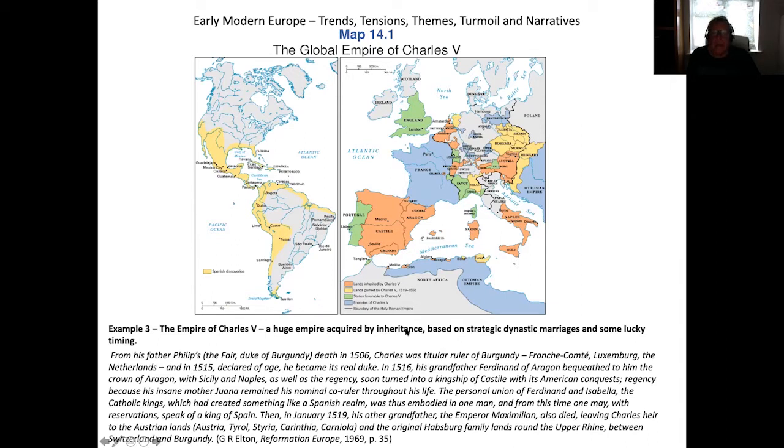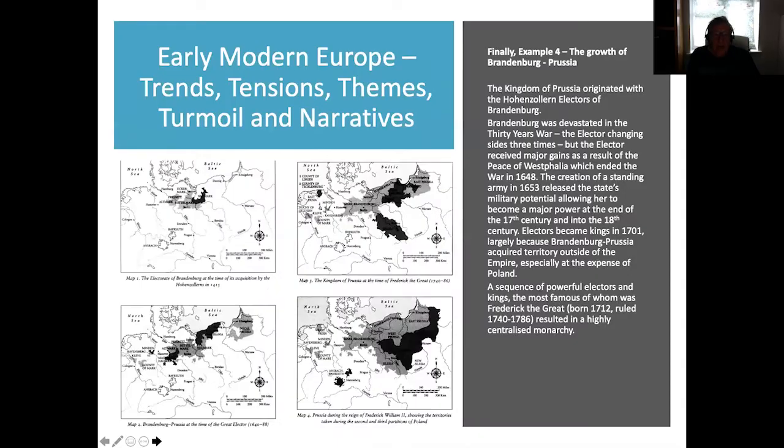So that's the global empire of Charles V. And then, I'm sorry, these maps aren't wonderfully clear. Then Prussia. This is long after Charles V. But basically, throughout the 17th and into the 18th century, what had originally been the Duchy of Brandenburg, which you can see in the top left-hand side, gradually grew.